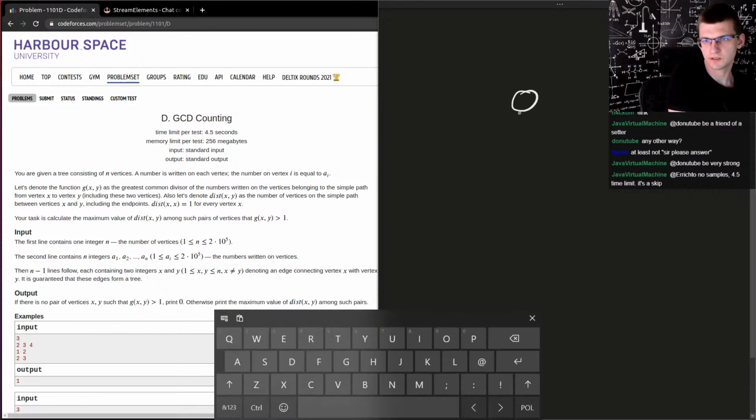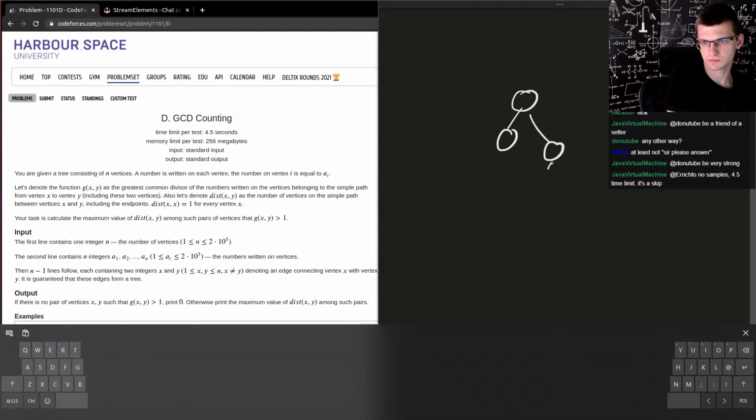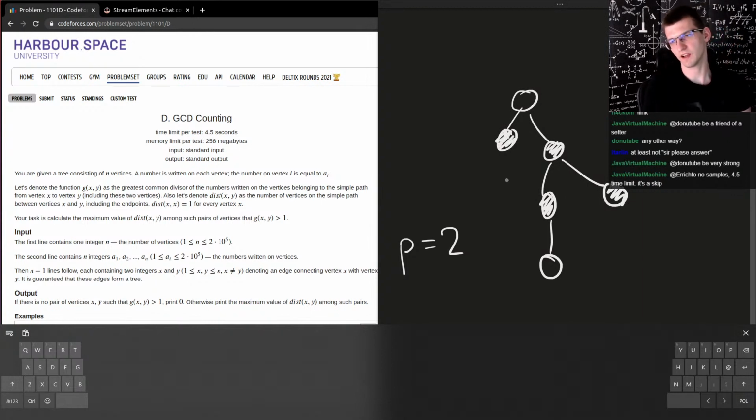Right. There is a tree. And if we focus on every prime, let's say p equal to 2, then there will be some vertices divisible by this prime. And I wonder what's the longest path with this prime.